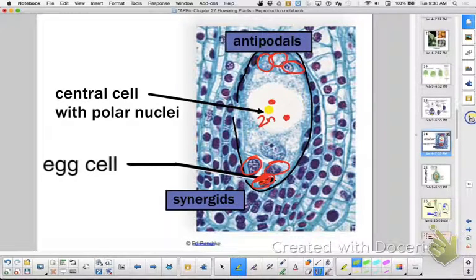Okay, go to flower structure. So you can see I made some things minimal. Sepals are usually what? Green, and they protect the bud. Petals attract pollinators unless it's windblown. The stamen is the what part? Male part. The anther contains the pollen. Good.